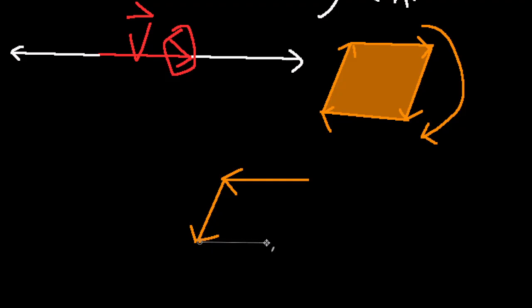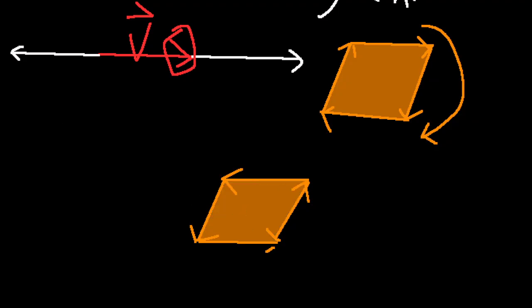Like this. So this version of the bivector, as it turns out, is counterclockwise. So the orientation is in this direction.